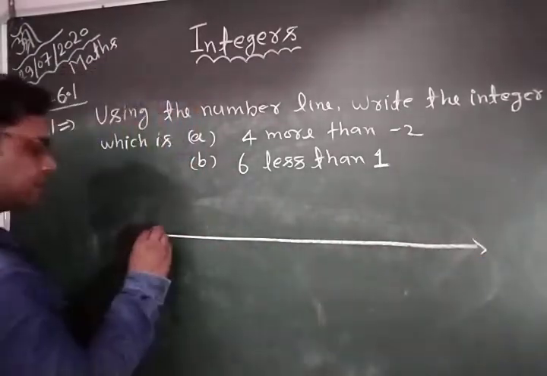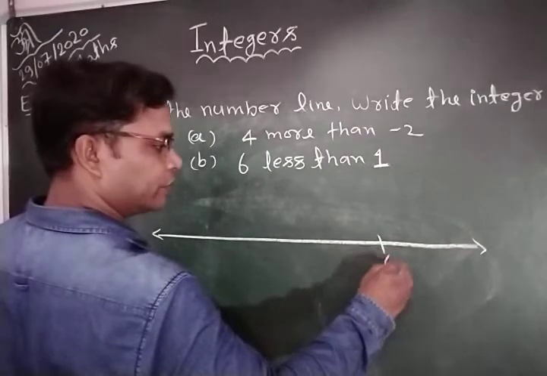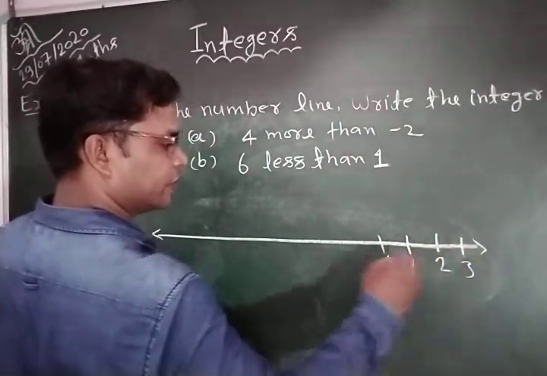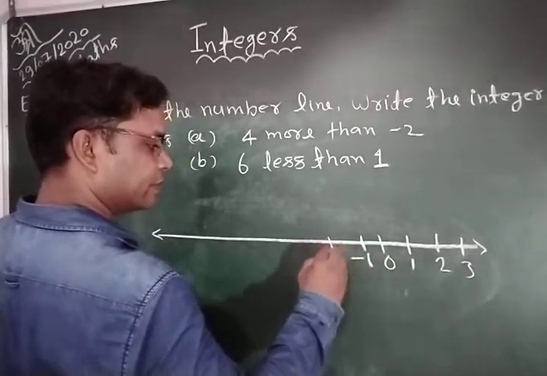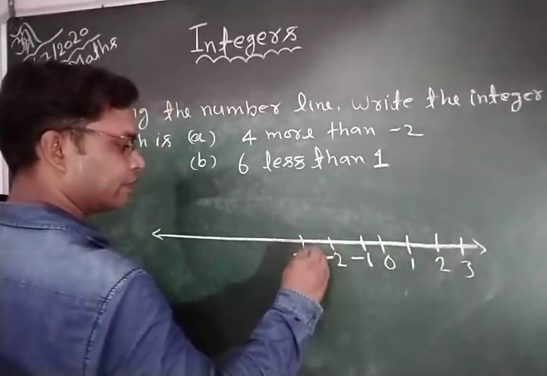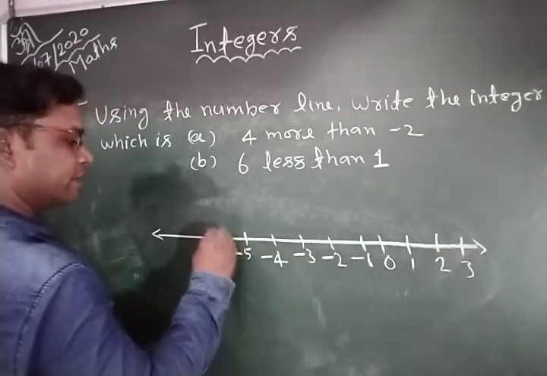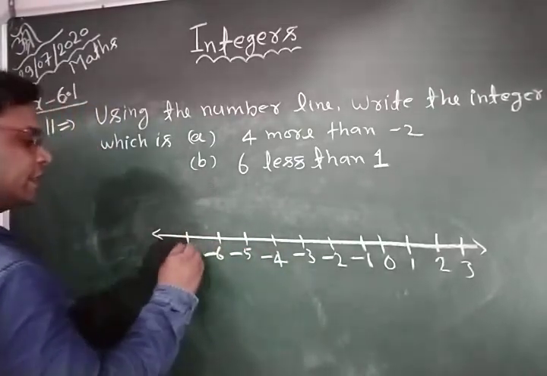This is part B. Let it be 0, 1, 2, 3, -1, -2, -3, -4, -5, -6 and -7.